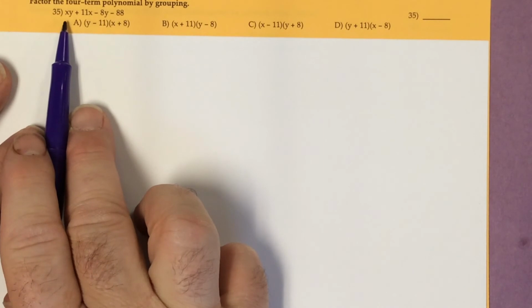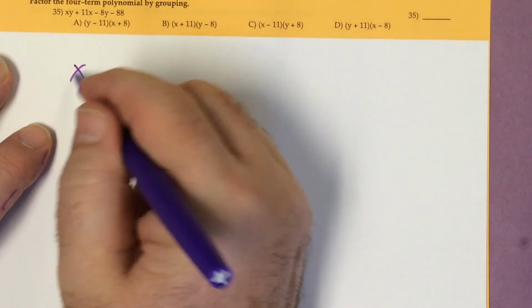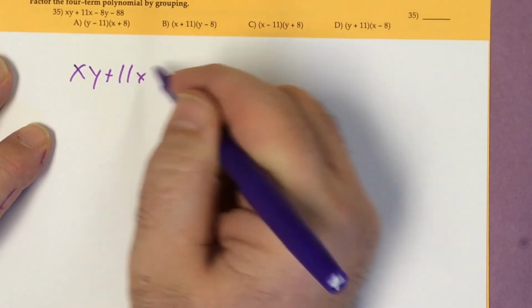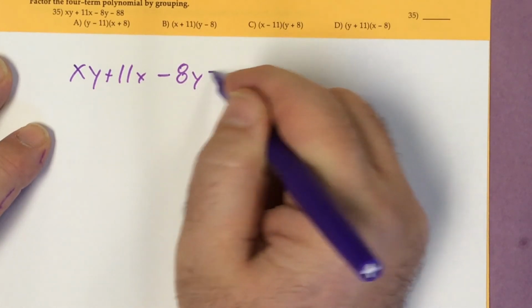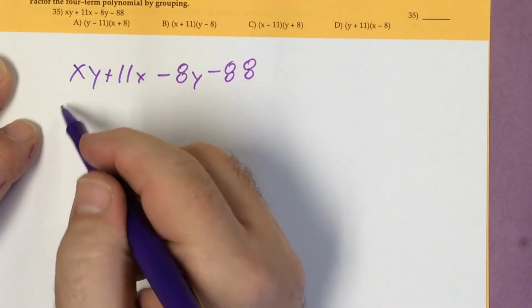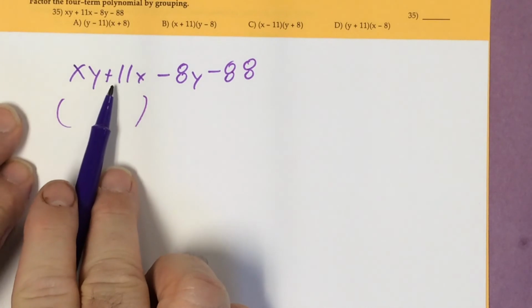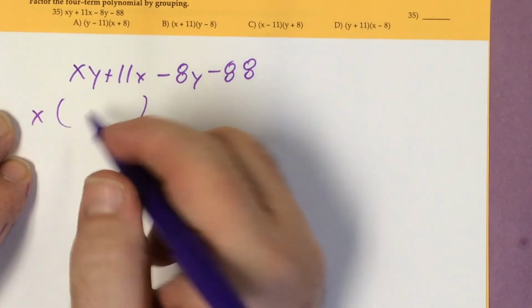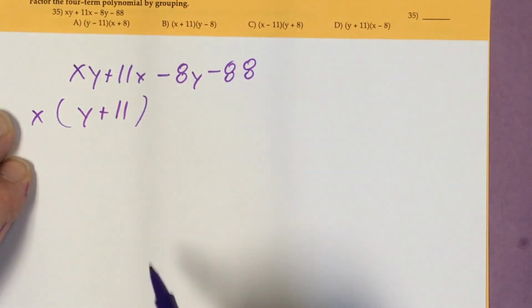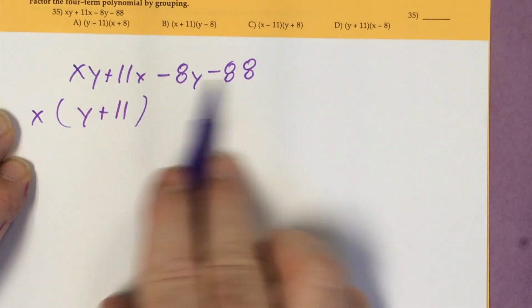So I have a 4-term polynomial. We're going to factor by grouping, so we have xy plus 11x minus 8y minus 88. Well, from the first part here, we can factor out an x. So it's going to be x times y plus 11. For the second part, we have 8y and 88.